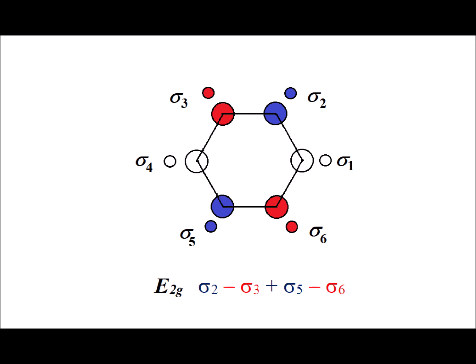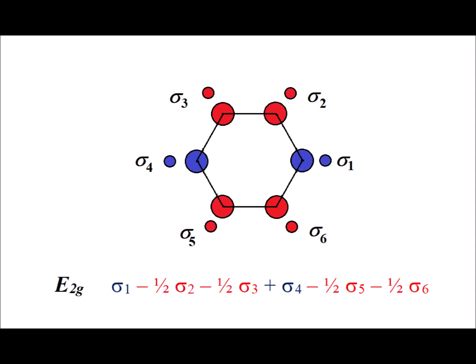Next highest in energy is going to be the E2G doubly degenerate representation. This one includes both carbon and hydrogen atoms, the atomic orbitals on those atoms in the molecular orbital. Next in energy, we have the other E2G doubly degenerate representation, showing the contributions of both carbon and hydrogen atoms in the molecular orbital.